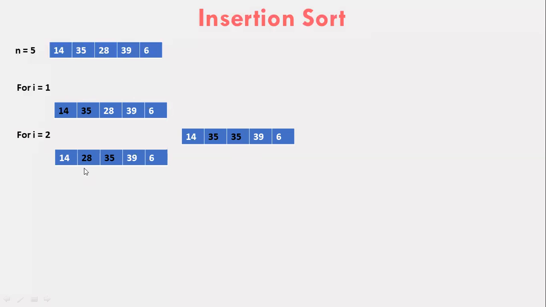Because the left hand side elements are all smaller than 28, we copy the 28 here. So in the first case we moved 35 to this position, and in the second step we are copying the 28. Here we are not exchanging nor swapping.